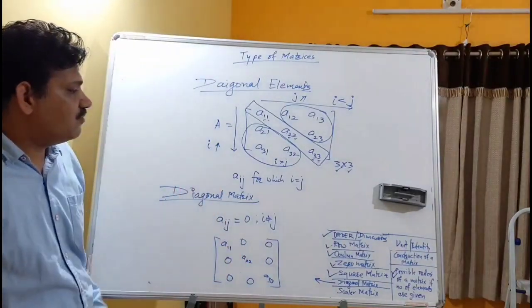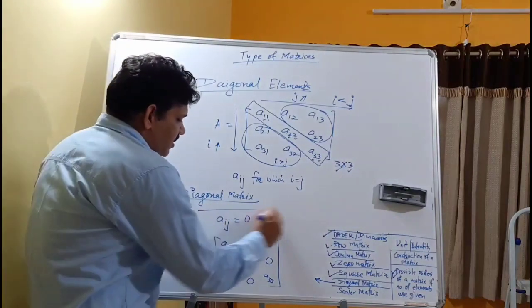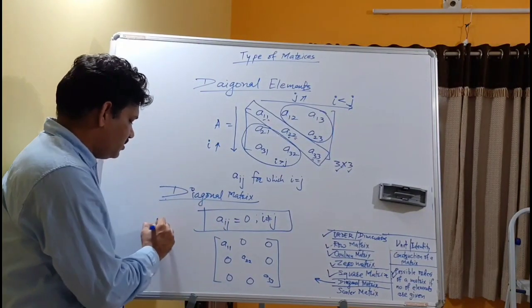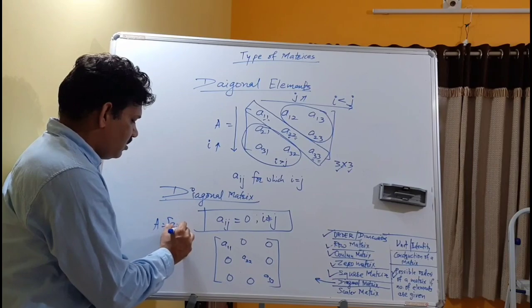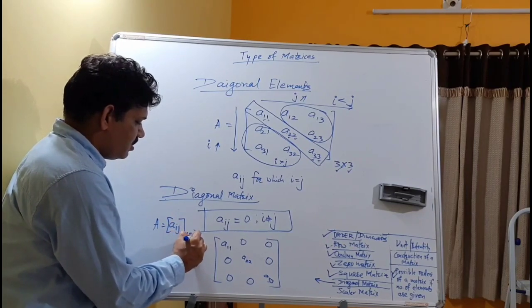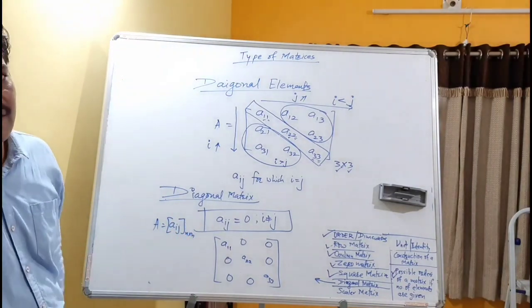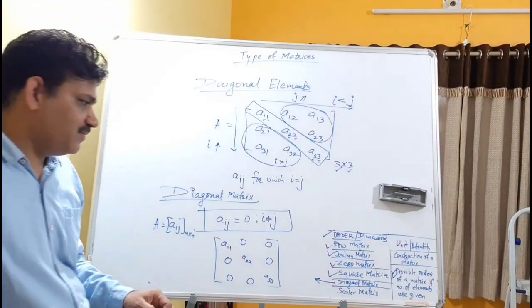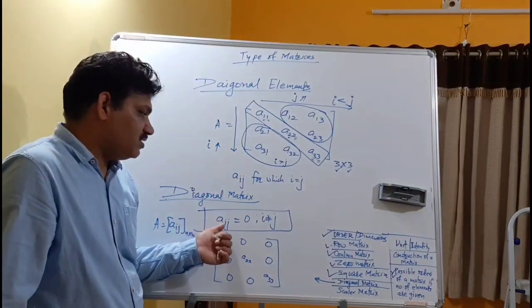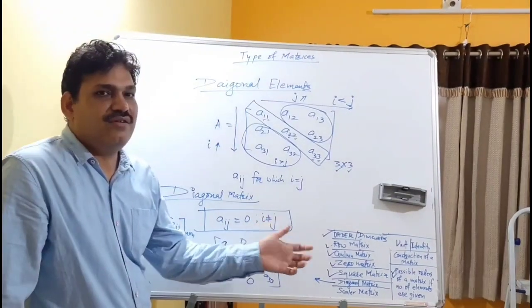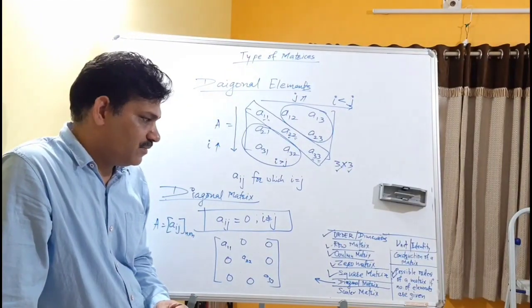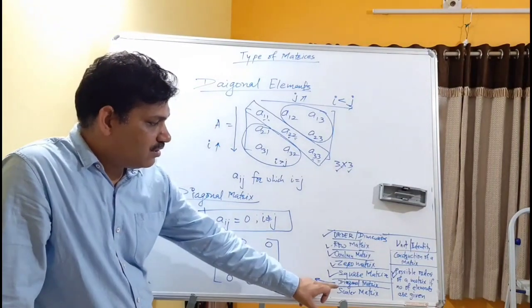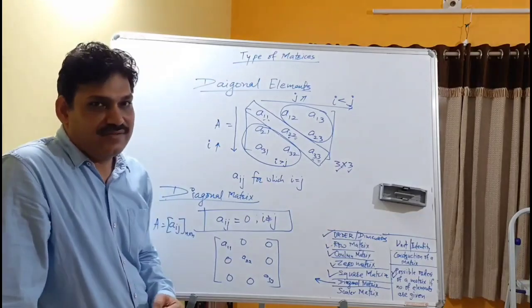So the definition of a diagonal matrix: a matrix a_ij of order n cross n is said to be a diagonal matrix if a_ij is equal to 0 whenever i is not equal to j. Now we talk about a particular case of diagonal matrix, scalar matrix.